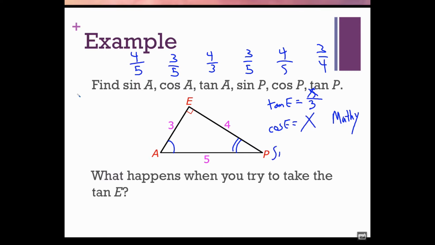How about the sine of E? It's just hypotenuse over hypotenuse, basically, which is 1, but you can't have the hypotenuse over it because it's the leg opposite. So you don't like 1? No. You understand the problems here, right?